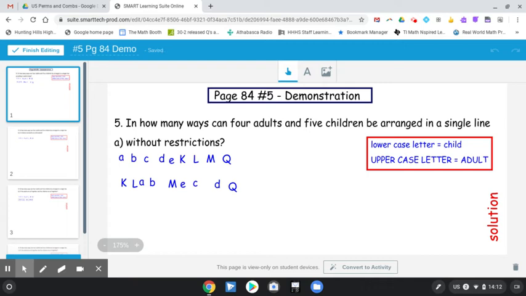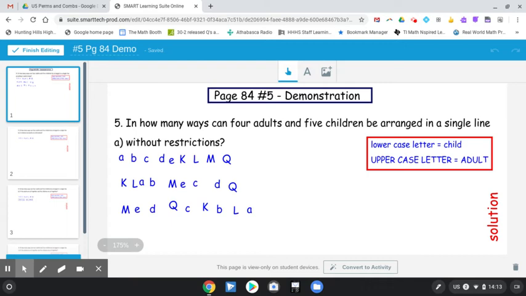Maybe I'll put this adult right in the middle, this adult at the beginning, this adult at the end. Put this one in here, and let's go with these children, another child here, another one here, and another one here. So rearranging these 9 elements could go on forever.